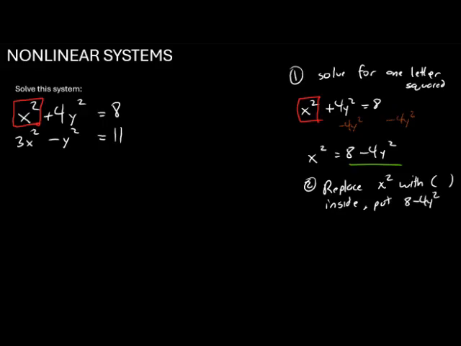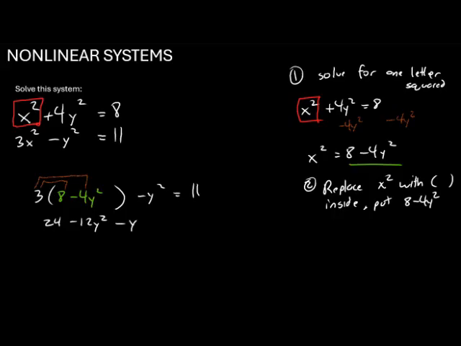Therefore, our new line 2 will be 3 now times that binomial, 8 minus 4y squared. We'll now subtract y squared and set that equal to 11. I'm going to need to distribute this 3 across this binomial. 3 times 8 gives 24, and 3 times negative 4y squared gives negative 12y squared.